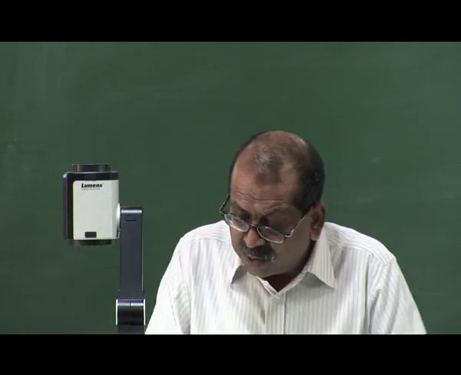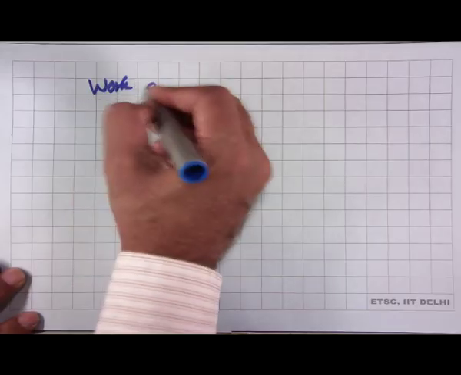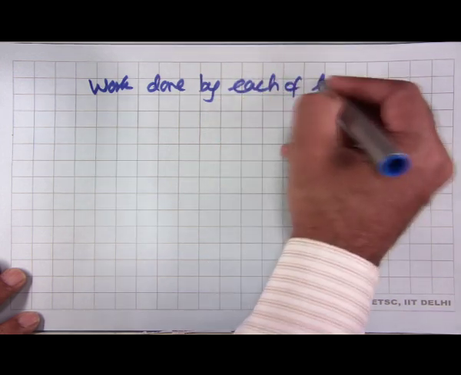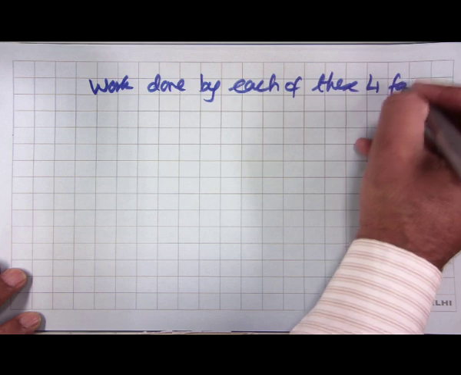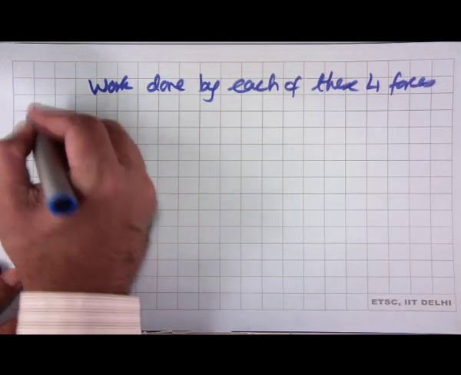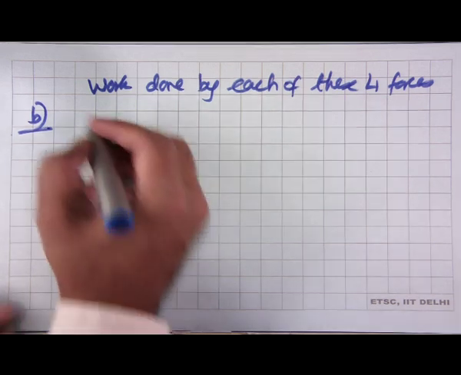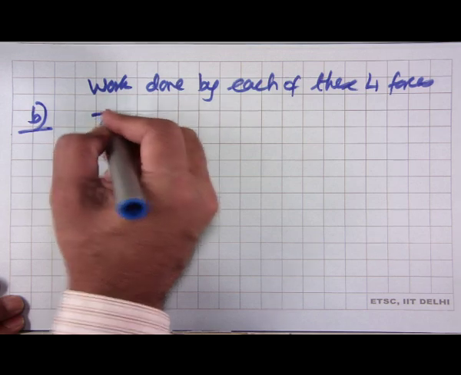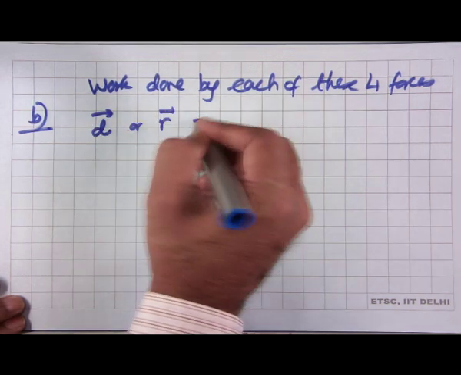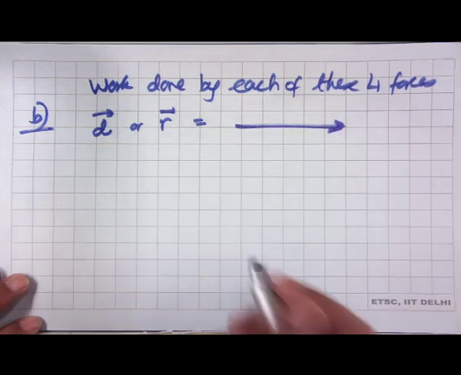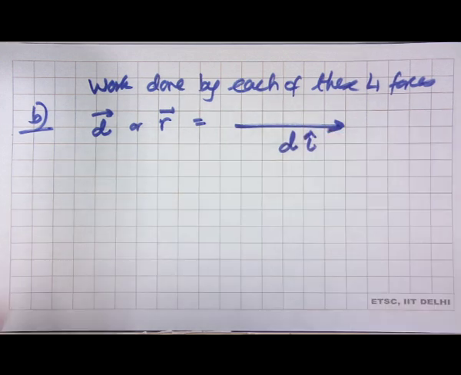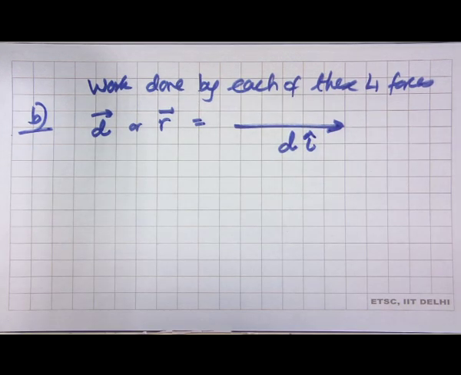Part B is we have to find the work done by each of these 4 forces. Now, what we realize is that the displacement of the block, r vector, is in the x direction. This is equal to d times i, it is d distance in the x direction.